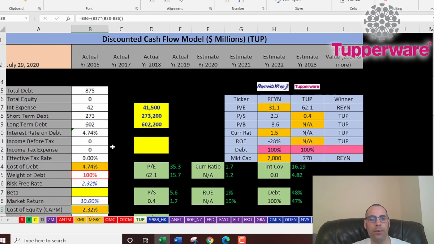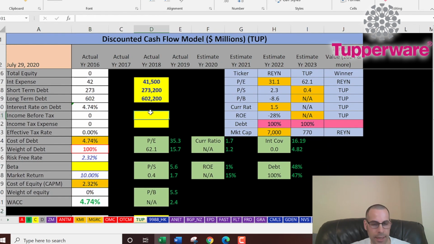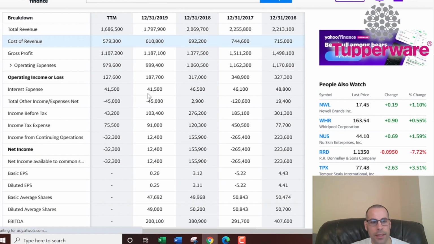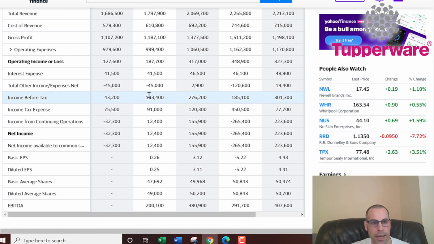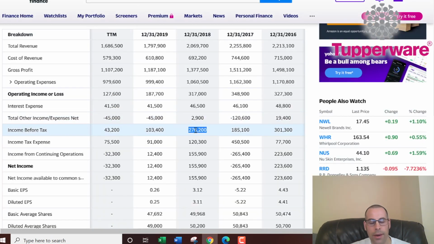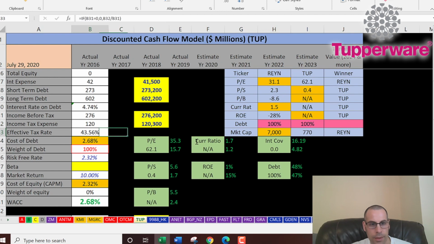They pay 4.7% interest on their debt. Let's go back to the income statement to get their effective tax rate, because interest payments are tax deductible. Let's use the 2018 number. Their income before tax was $276 million, and their income tax was $120 million. So the cost of debt is 2.7%.